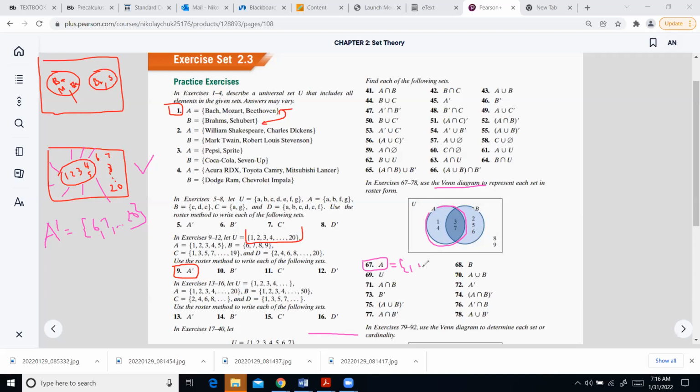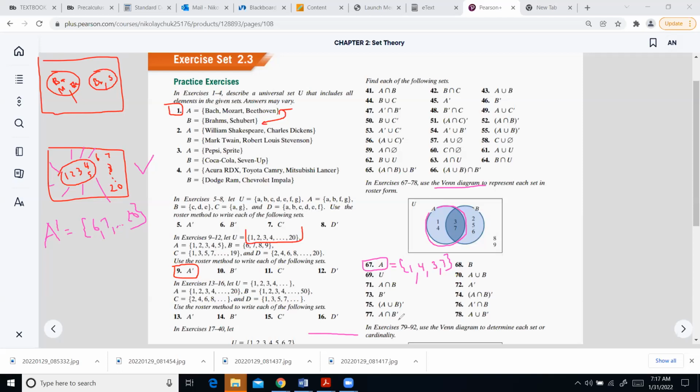That's from my set A, and a couple more, such as 3 and 7 from the overlap of sets A and B. And of course, I'll put commas in between those elements just to make sure that everyone can clearly see what is going on. And once again, Venn diagrams are very helpful because they give us intuition into what is going on.